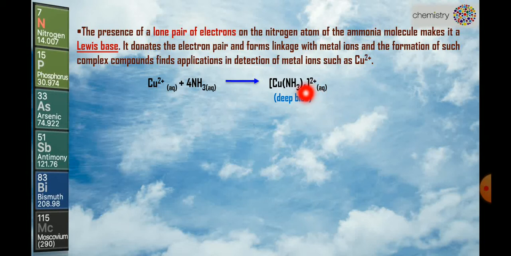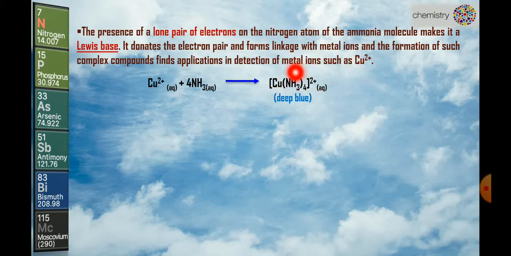You will learn this type of complexes in the coordination chemistry chapter. Here ammonia acts as a ligand. What is a ligand? Everything you will learn in the coordination compounds chapter. Here ammonia forms a coordinate bond with the copper metal ion by donating its pair of electrons to the copper.